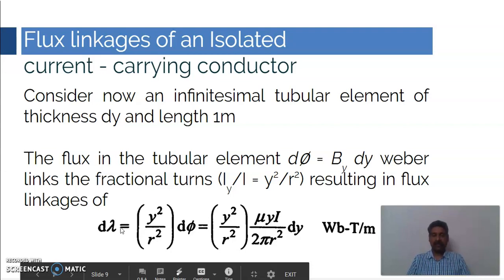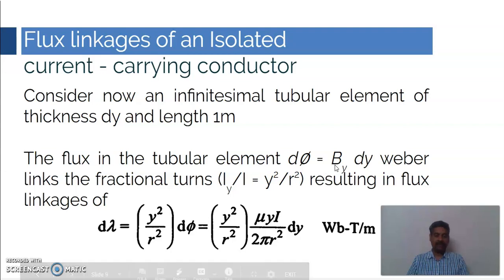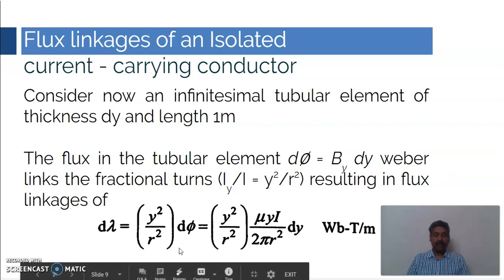So the change in flux linkage is y square by r square d phi. Instead of d phi, substitute By into dy, and already we have derived the expression for flux density. Substituting that, the flux linkage can be written as y square by r square times mu yI by 2 pi r square dy Weber turn per meter.